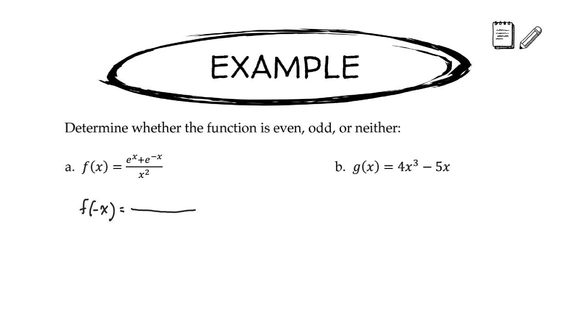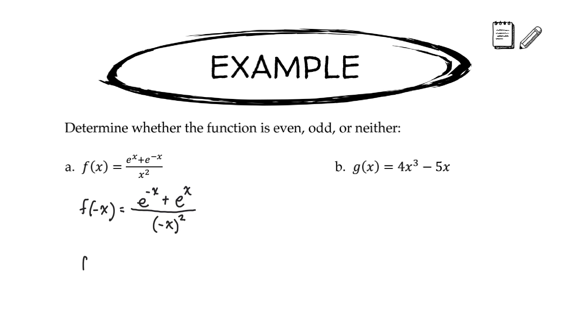When I do this to f, my numerator here changes from e to the x to e to the negative x. Plus, instead of e to the negative x, I'll get e to the positive x. And in the denominator, of course, I'll have negative x squared instead of x squared.